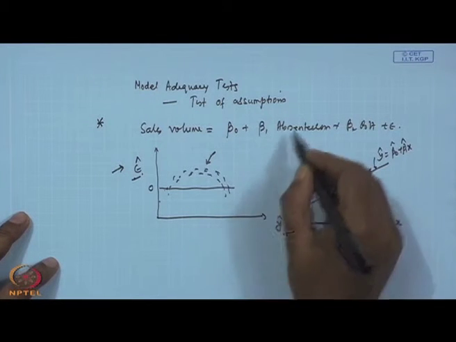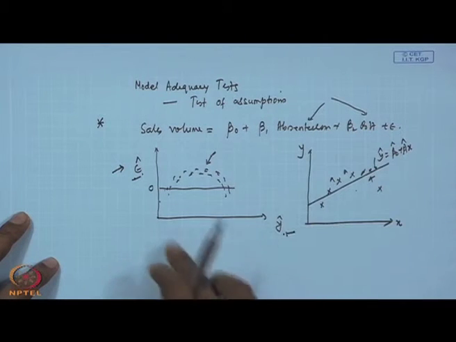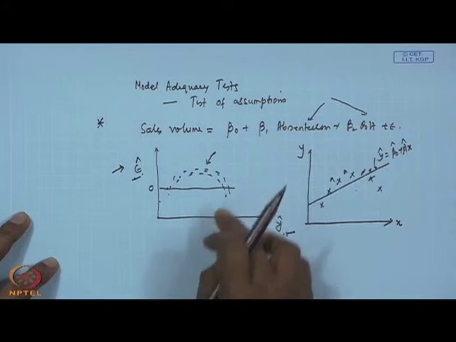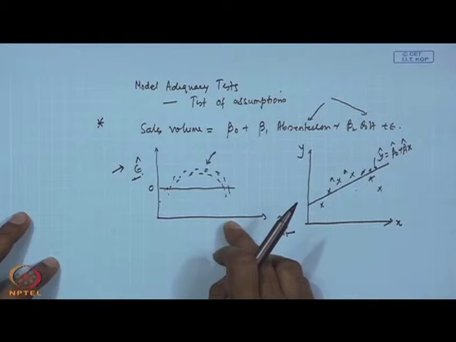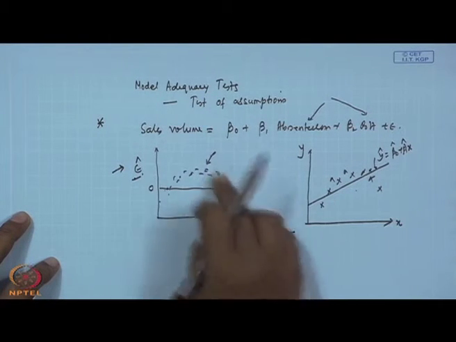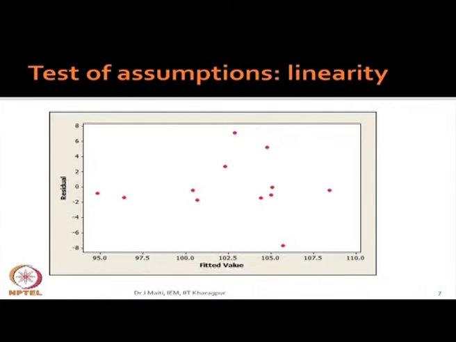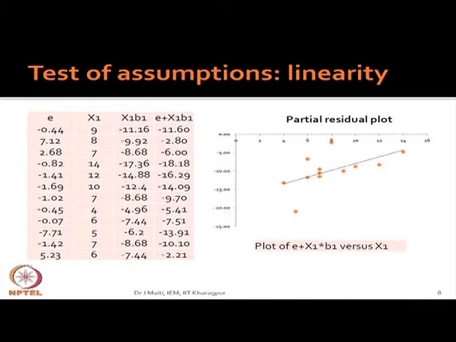Next, when there are more than one variable, like this case, then if there is any departure, we are interested to know for which variable this non-linearity is there. That is also possible, and that can be done through a partial residual plot.